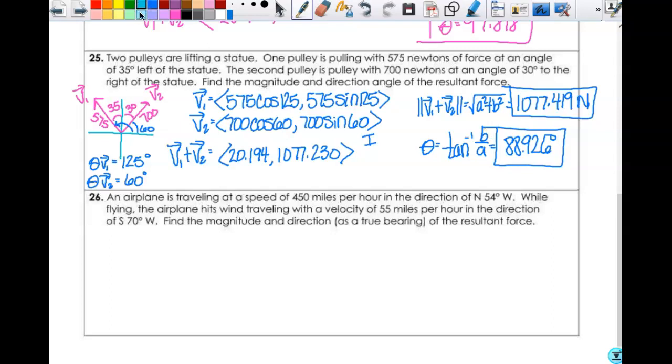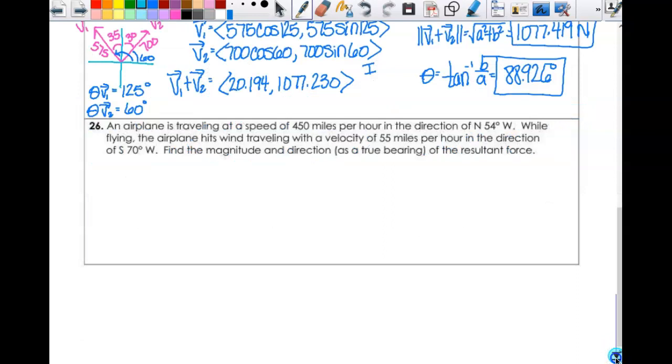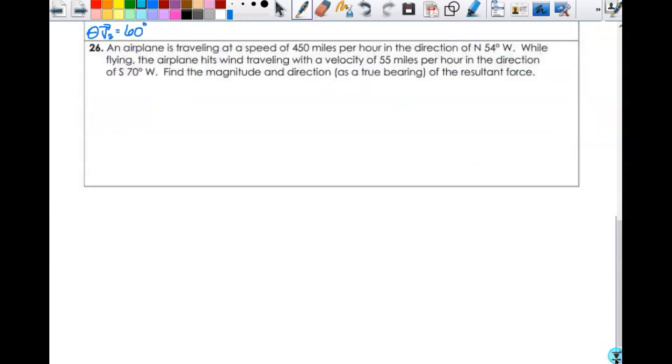Okay, let's look at 26. I have an airplane that is traveling at a speed of 450 miles an hour in the direction of north 54 degrees west. Okay, so there's this. I'm going to go north 54 degrees west, something like this. That makes this 54. Makes this 450.